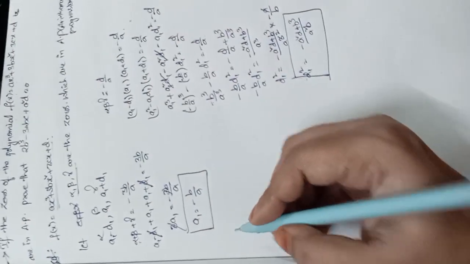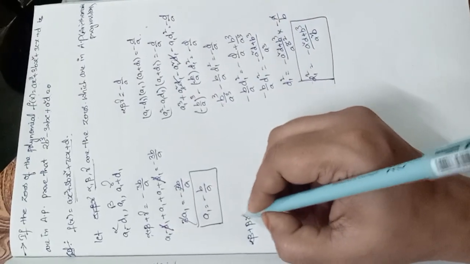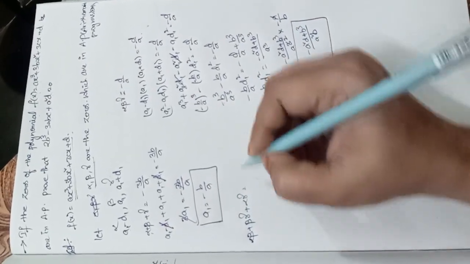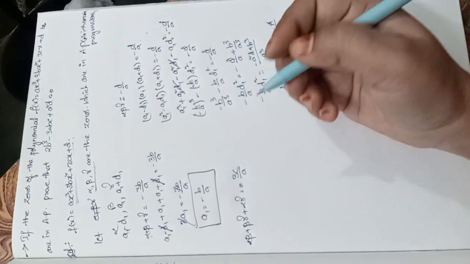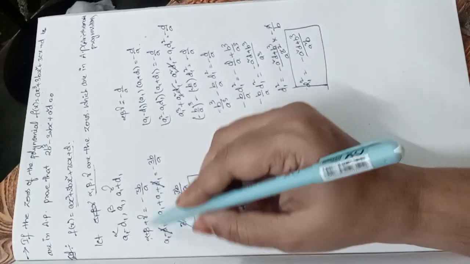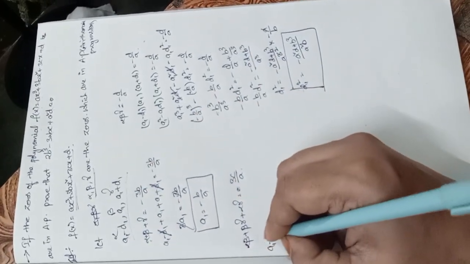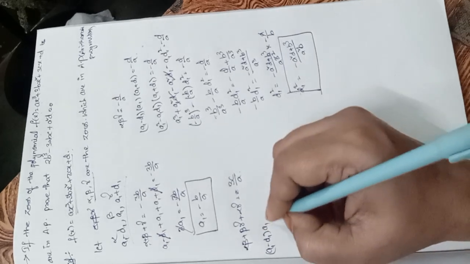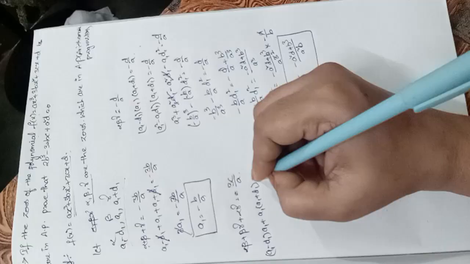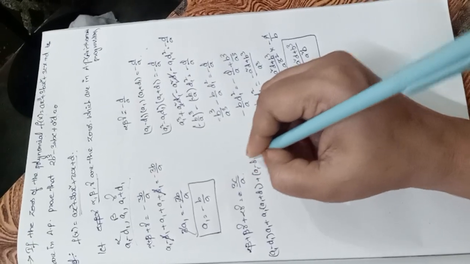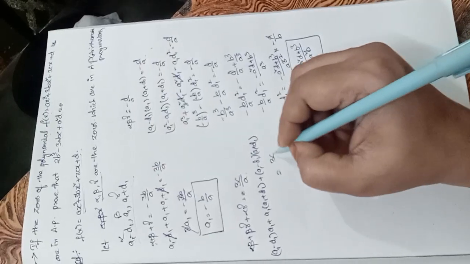So this is d1 square. Now we have one more formula, that is alpha beta plus beta gamma plus alpha gamma equals 3c by a. So alpha, beta, gamma are these values. Substitute them here: a1 minus d1 into a1, plus a1 into a1 plus d1, plus a1 minus d1 into a1 plus d1 equals 3c by a.